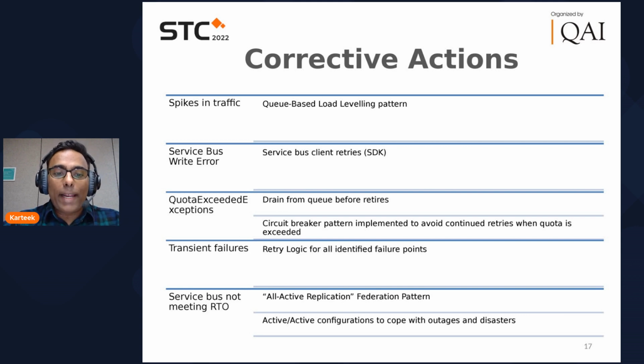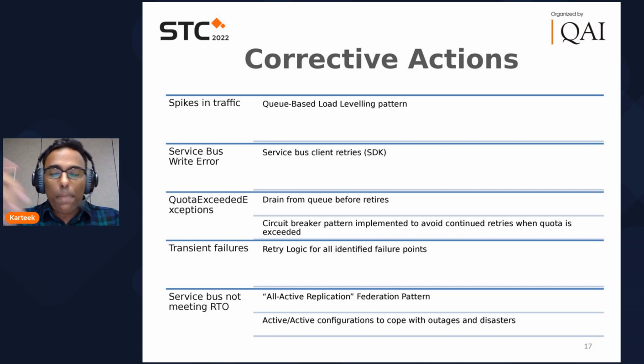So we had to go back and implement the circuit breaker pattern to avoid continued retries, to give some breathing space for the subscriber so that it can process the live messages and slowly we can inject the retries into it, instead of causing a bottleneck of new messages as well as retries.